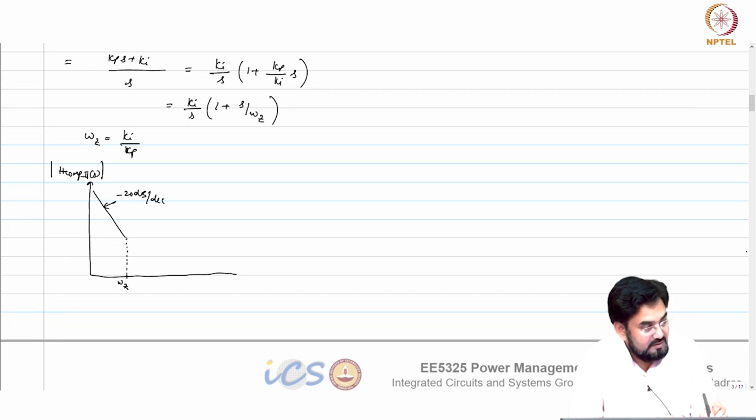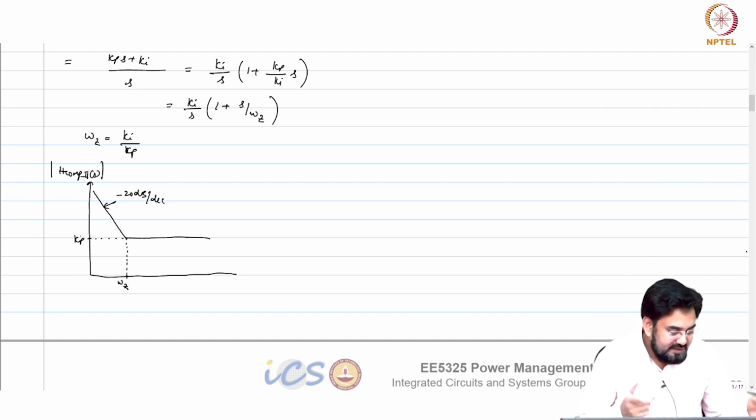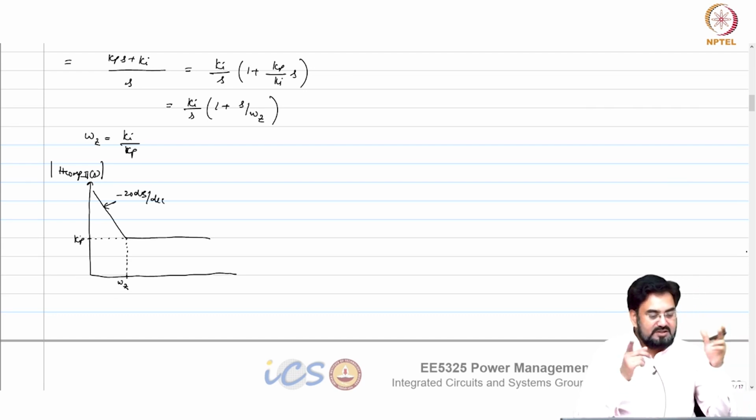What would happen? Flat. Your integrator will get cancelled out. What will be this? Kp. Okay. So DC gain is infinite and the gain after this 0 appears will become Kp, and this Kp can be changed by moving your proportional term and that will move your 0.